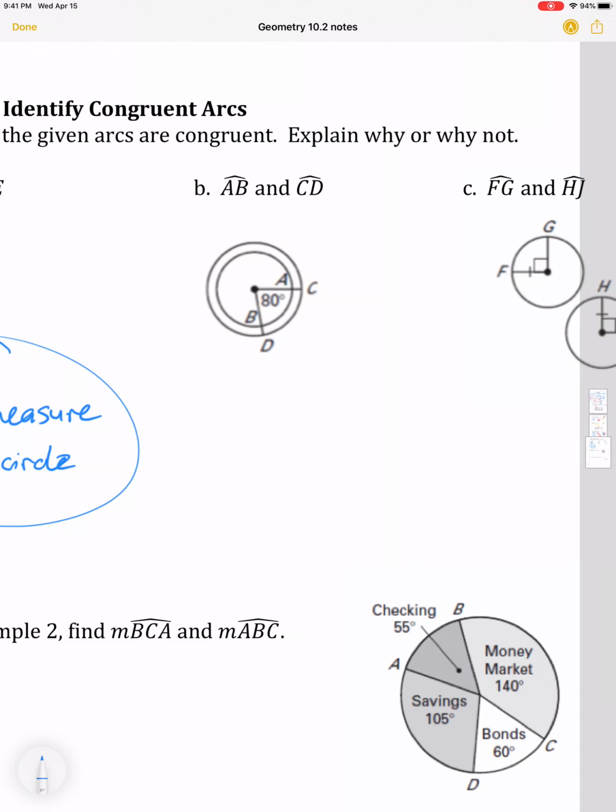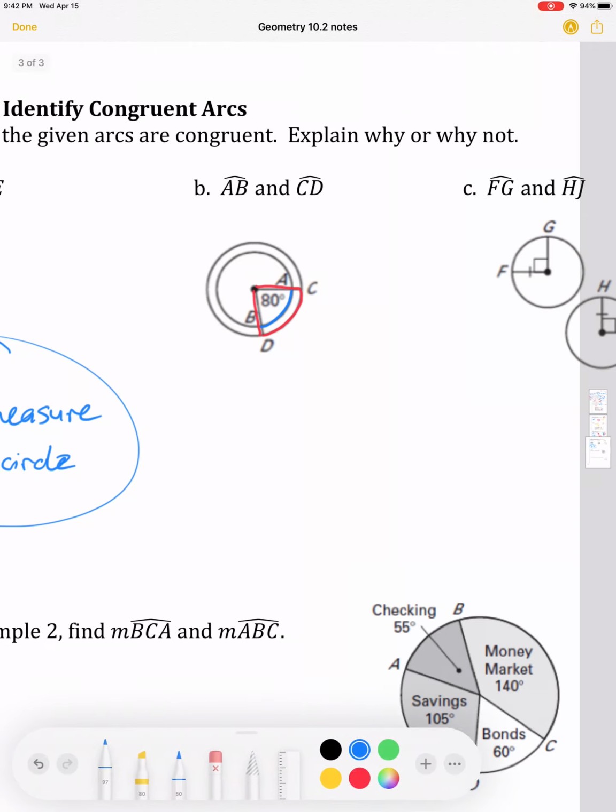Part B, is arc AB equal to arc CD? So clearly, both of these have the same angle. They're both the same measure. Right? They're both 80 degrees. But they're not in the same circle, and they're not in congruent circles.